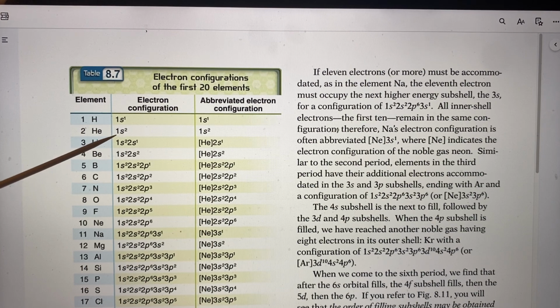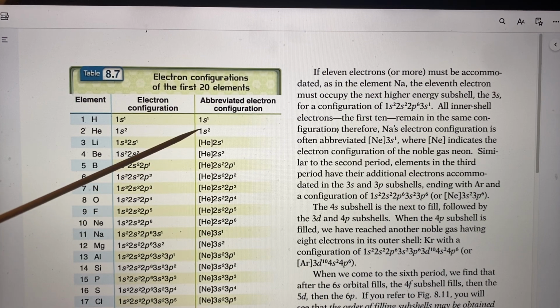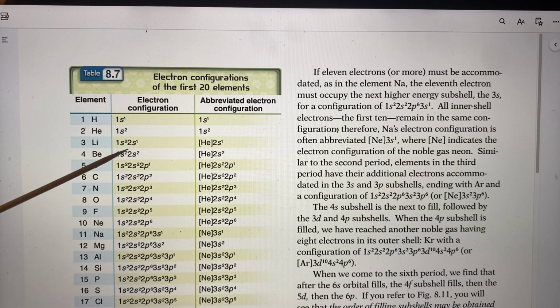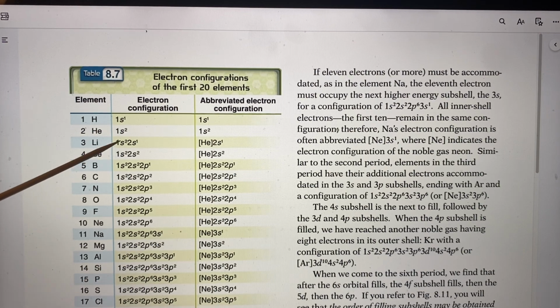Helium has the same with 2 electrons in that last shell. So 1s, this is a spherical shell with 1s2. They put helium here because basically this looks just like helium. So all these will be helium, which is 1s2. This is going to be plus that.